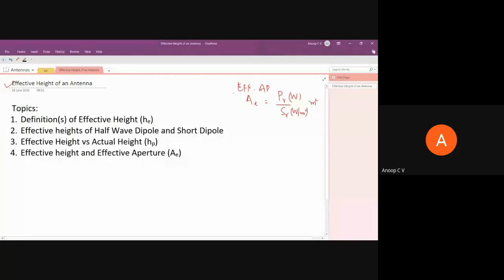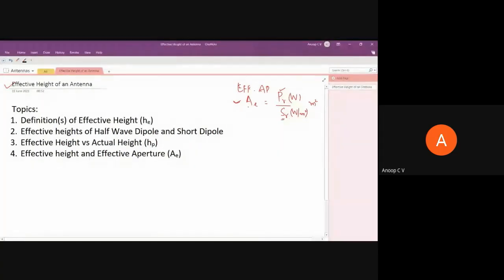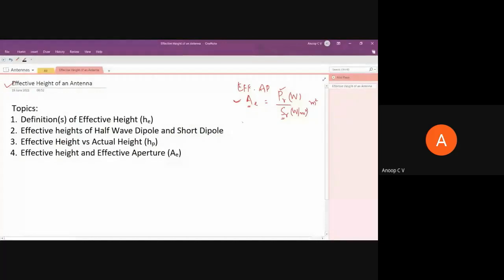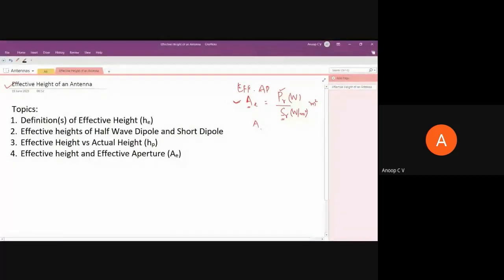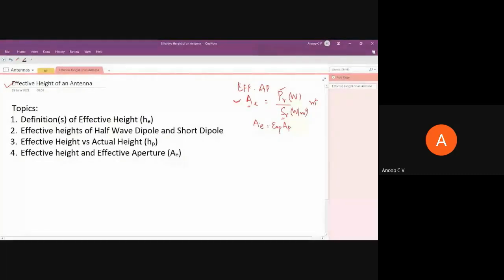This is how effective area was defined. So we could find the power received as the product of power density and effective area. We also have seen that effective area is epsilon AP times the physical area, where the physical area is the actual area of the antenna.